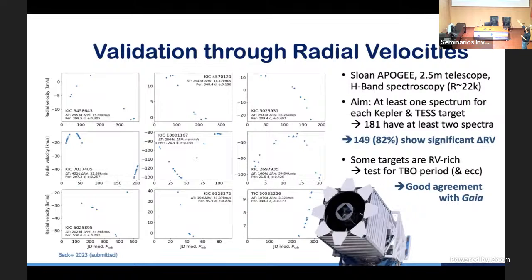For example, this one is beautiful. And to test the periods, we folded the radial velocities from Apogee with the Gaia period. And all of them make perfect sense. So we see that this is a good validation of the targets that we have.